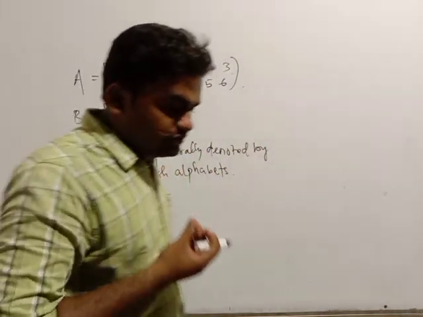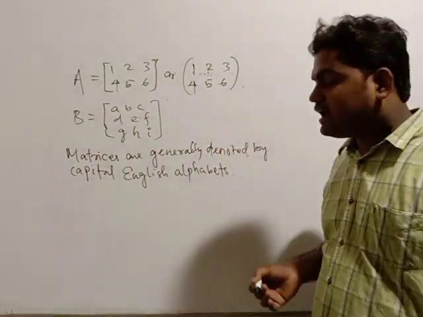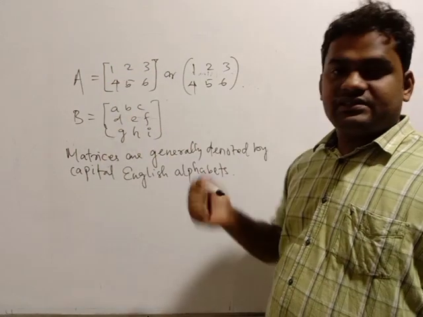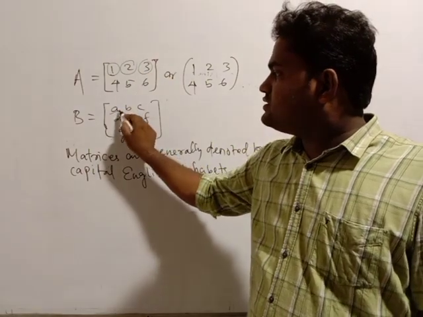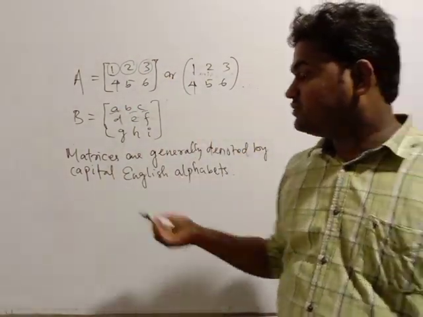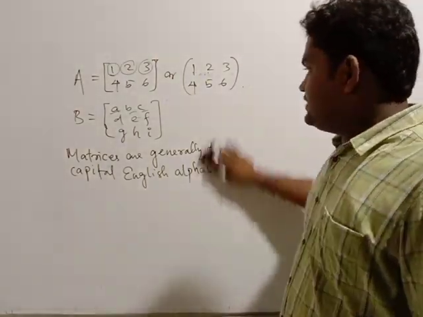So first of all, we know that a rectangular array of numbers is called a matrix. These numbers or expressions are called elements of the matrix.